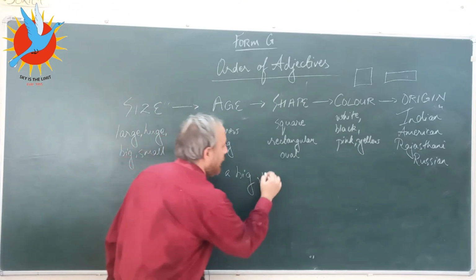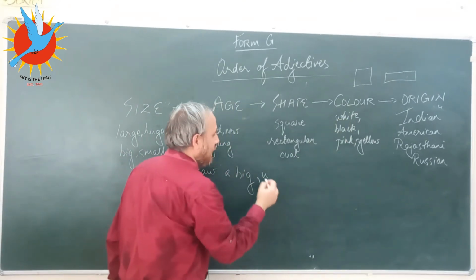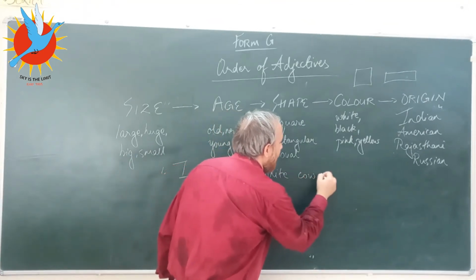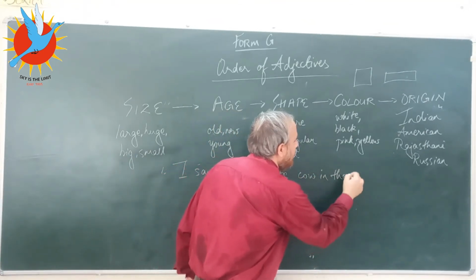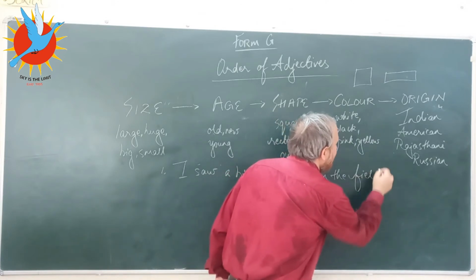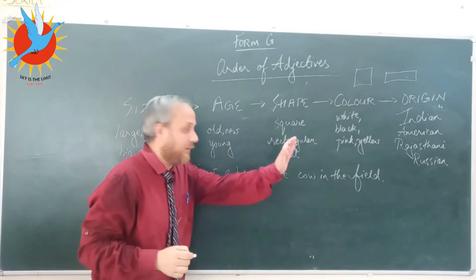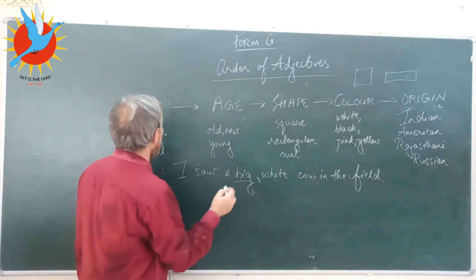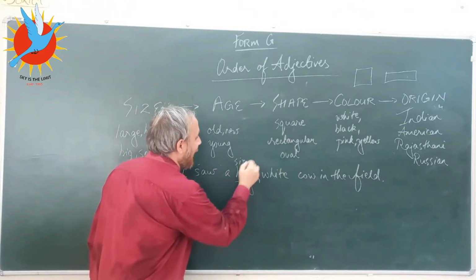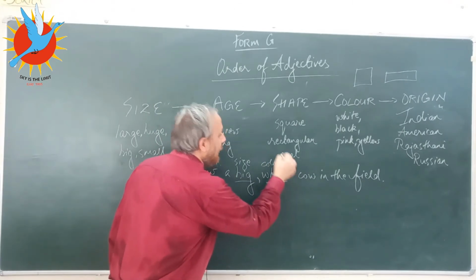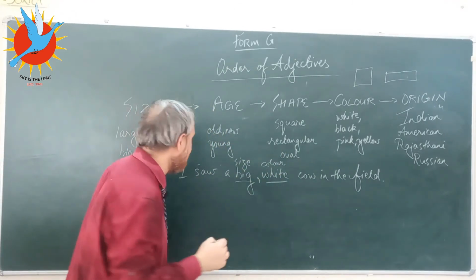Then I'll take an adjective of color, big, white, cow in the field, full stop. Okay, so I have followed the order. So big is an adjective of what? Adjective of size, and white is an adjective of color.